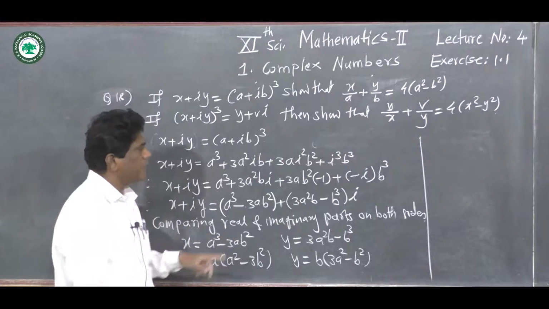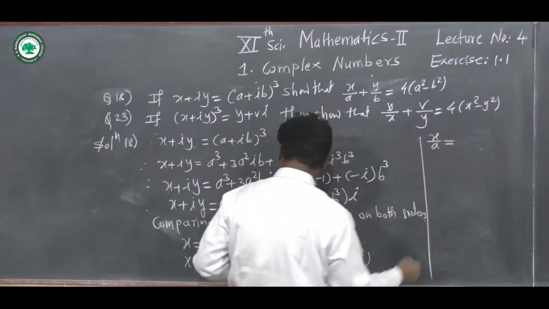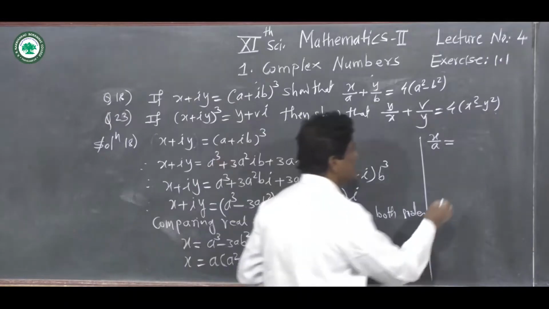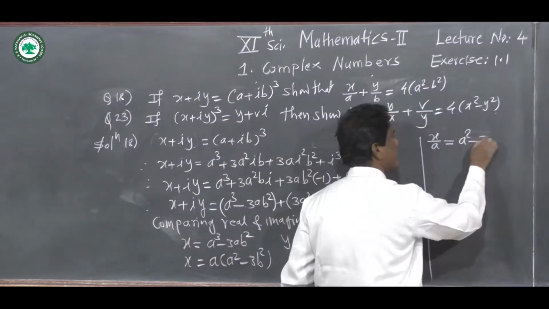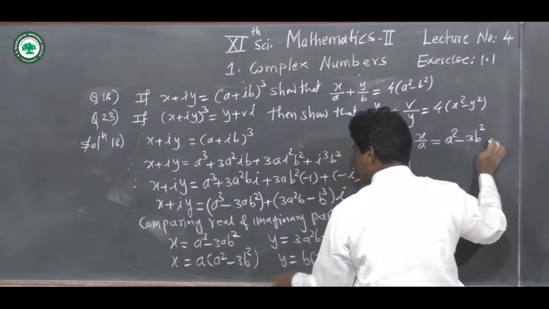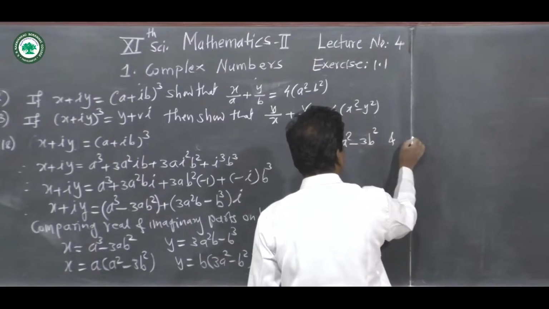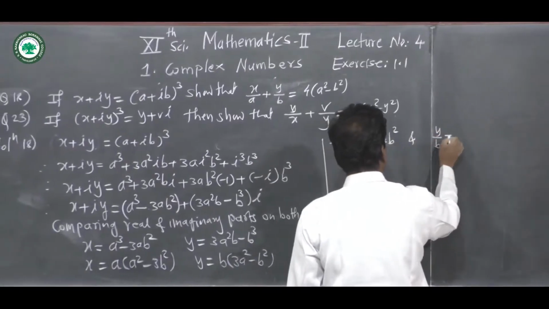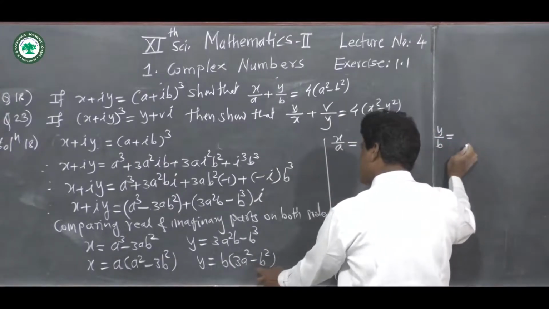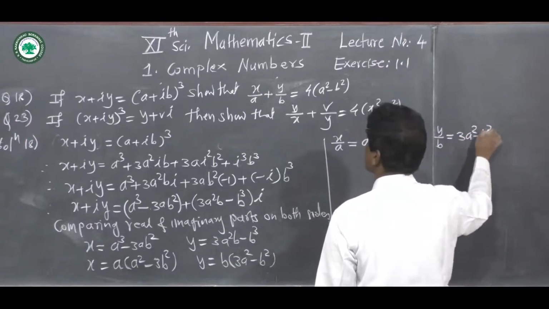So x upon a is equal to a^2 minus 3b^2, and y upon b is equal to 3a^2 minus b^2.